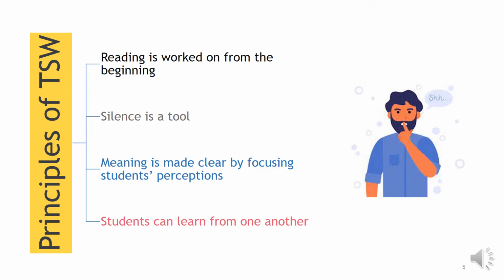So the twelfth principle is that students can learn from one another. The teacher's silence encourages group cooperation. Okay, so here we need the students to listen to themselves, to learn by themselves, not only from the teacher.